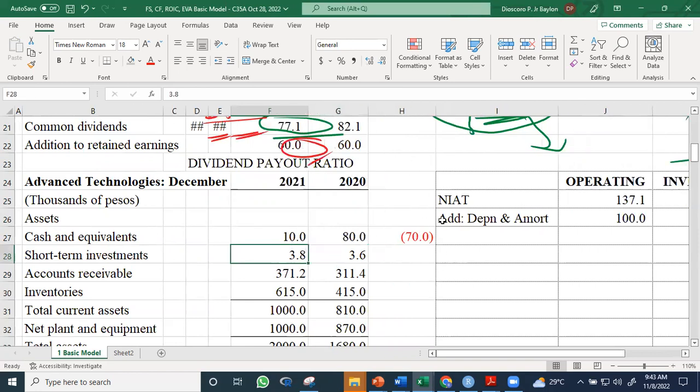Okay. Now the next question is: this change, 3.6 to 3.8 in short-term investments, will that fall under operating, investing, or financing?